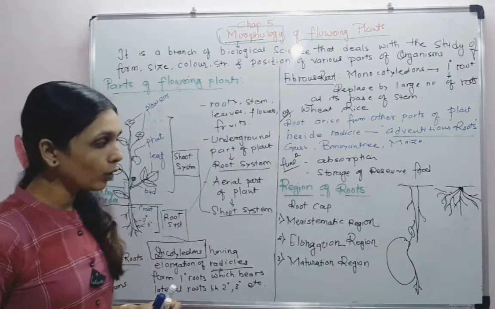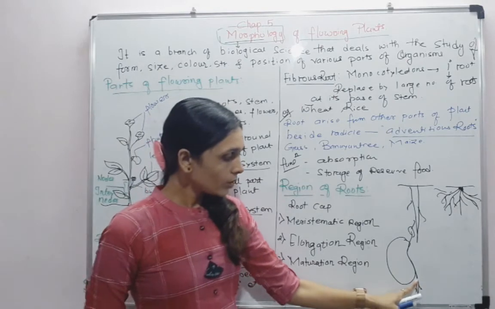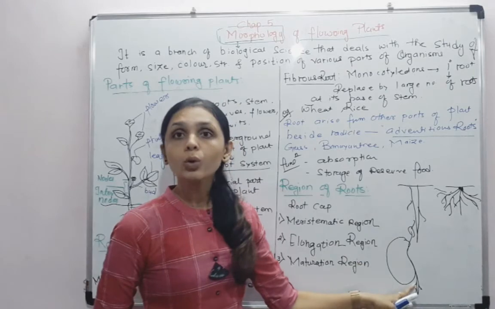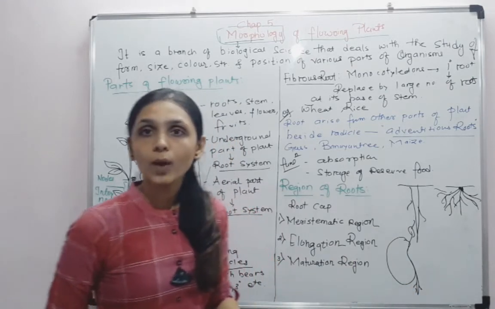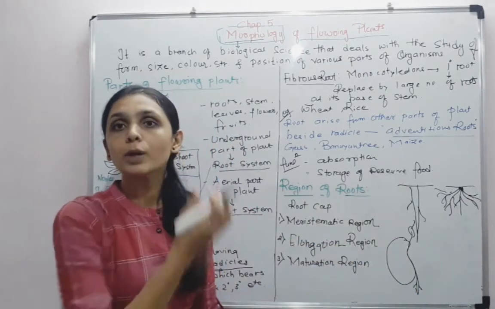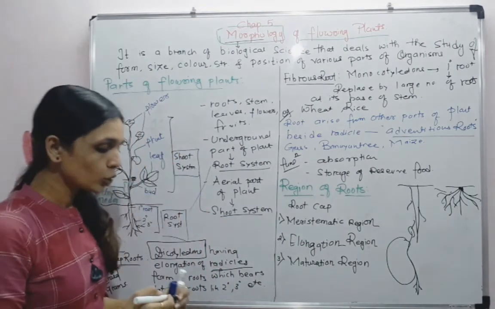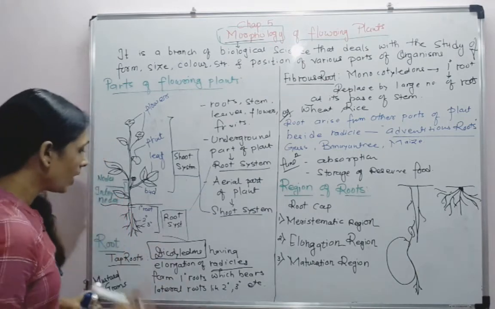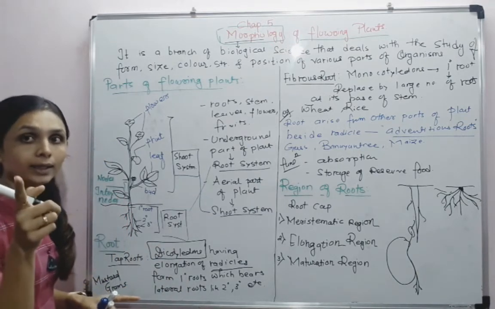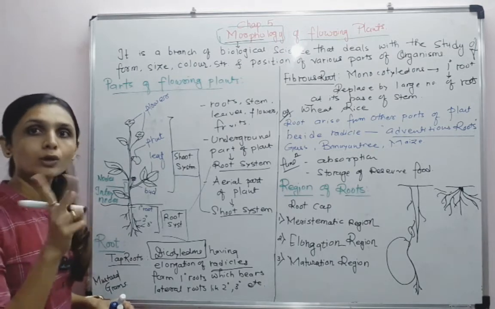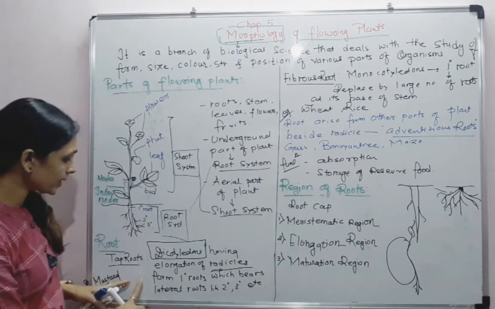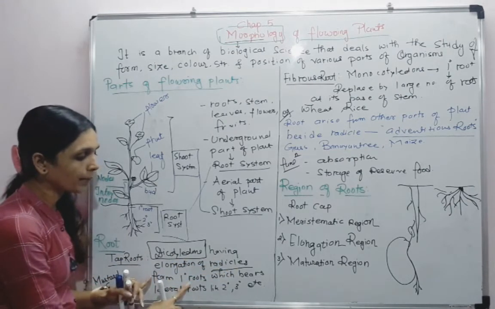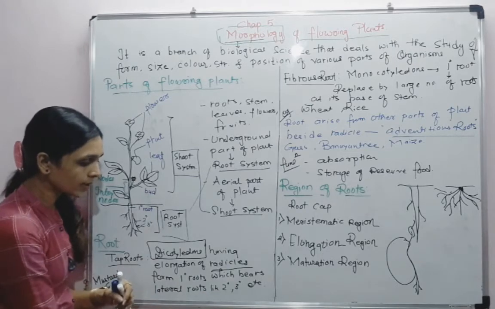When the embryo germinates, it has two parts: this one is the radicle and this one is the plumule. The radicle is the lower part that gives rise to root, and the part above germinates into stem. So plumule will give rise to stem and radicle will give rise to root. Fix that in your mind: radicle root, RR; plumule shoot.